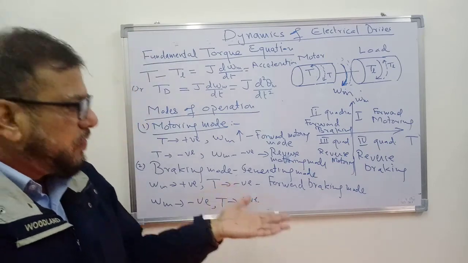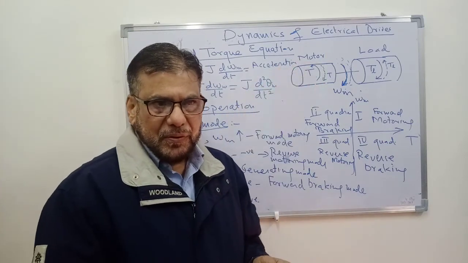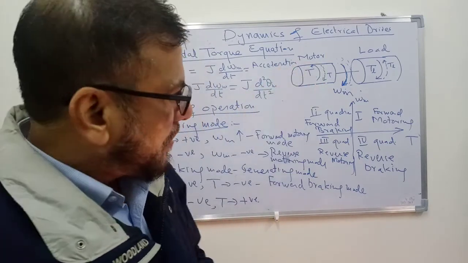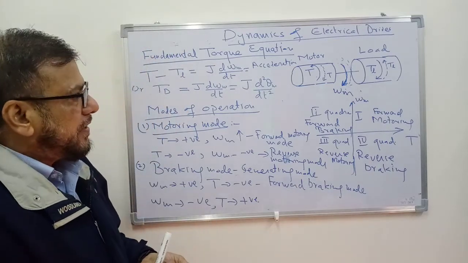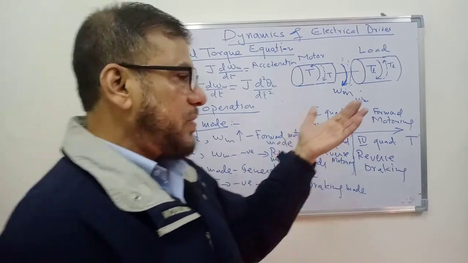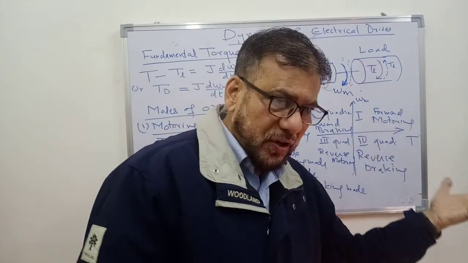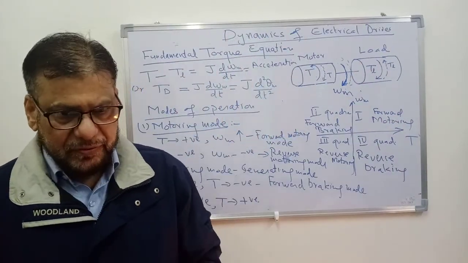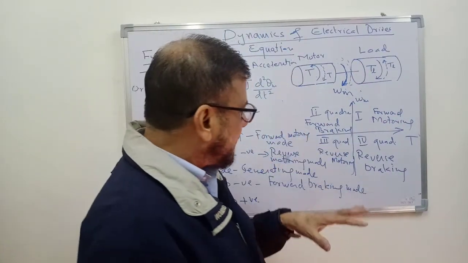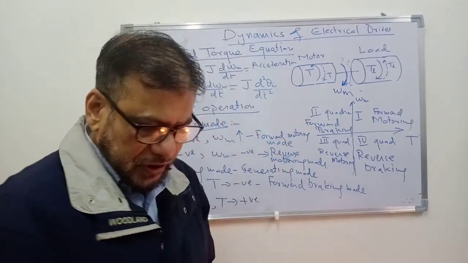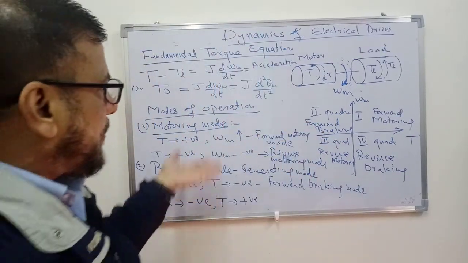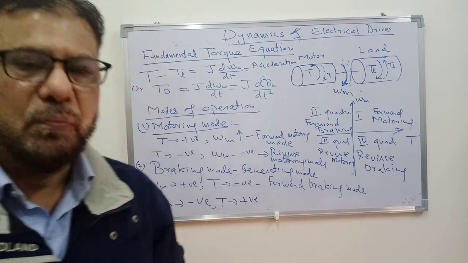So it will be a 4 quadrant drive. So depending on the situation, you will have to design the drive as a single quadrant drive, 2 quadrant drive, or 4 quadrant drive. So I will explain this with the help of DC motor, how you can operate the motor in various modes of operation.